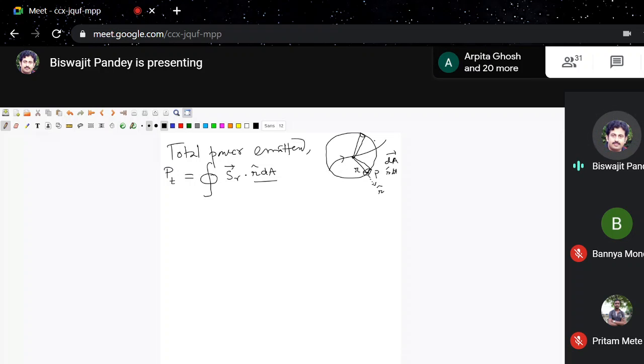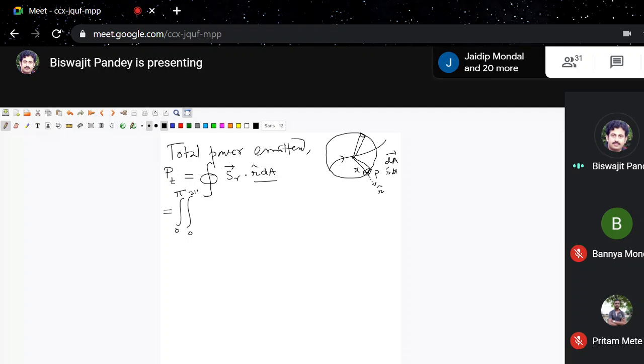So the total power emitted around this moving point charge is given by this expression. Let us do this integral. That is quite straightforward. It's an area, so only two variables, theta and phi, right? Theta goes from 0 to pi, phi goes from 0 to 2 pi.